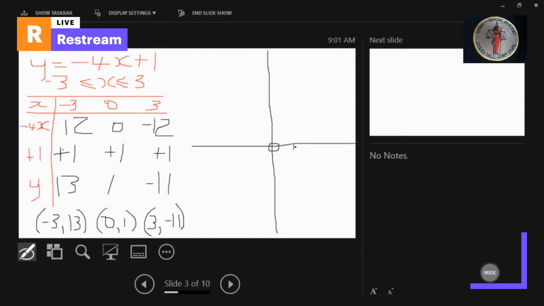So I have 1, 2, 3, negative 1, negative 2, negative 3. And to get 11, I can go by 5. So 5, 10, 15, and negative 5, negative 10, negative 15.